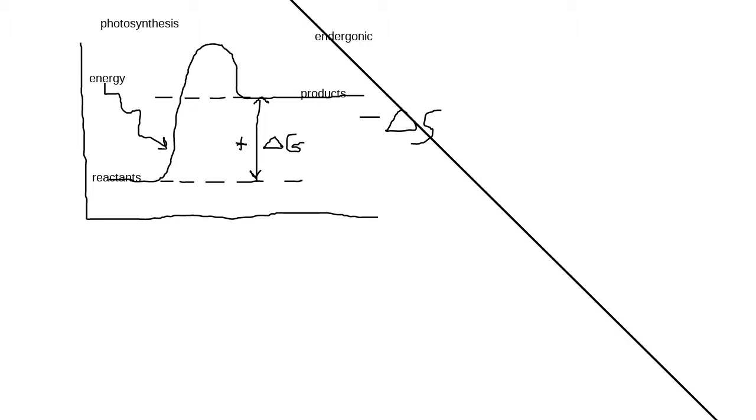Okay, so now let's keep going. Let's talk about activation energy, because this is a very different looking graph than that other one that was exergonic that we talked about before. So what do you think the activation energy would be here? Would this be your activation energy, or would this be your activation energy?